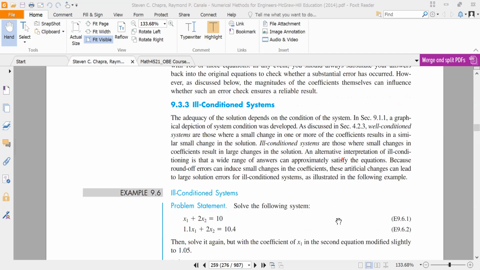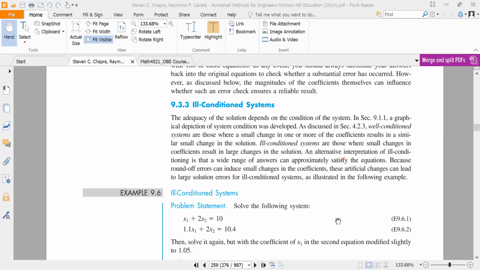An ill-conditioned problem is defined in such a way that the determinant of your equations is nearly equal to zero, or in the case of two equations, you can say that your slopes are nearly equal. Then a minor change in the coefficients will make a drastic change in the solution. This is illustrated by this example.